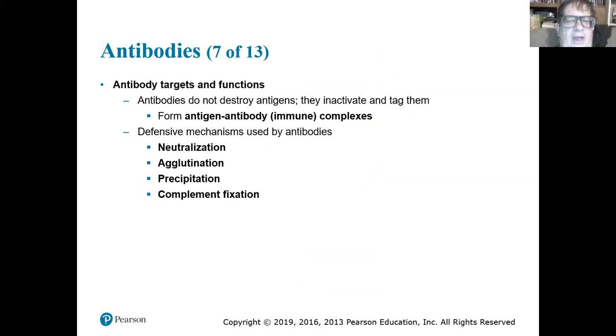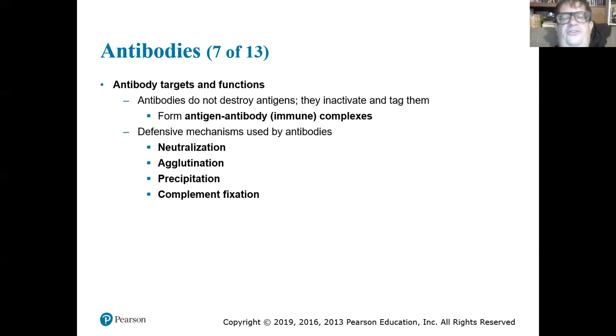All right, so antibodies don't destroy the antigens. They will inactivate the antigen. They'll tag the antigen. When they stick to it, they form a complex. And here are mechanisms used by the antibodies. Neutralize the antigen.